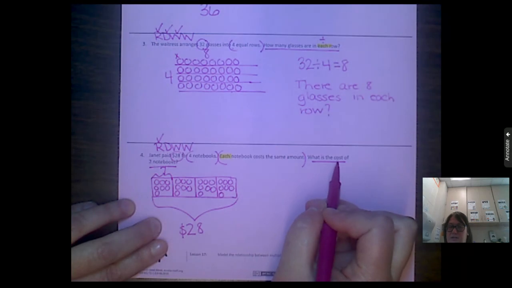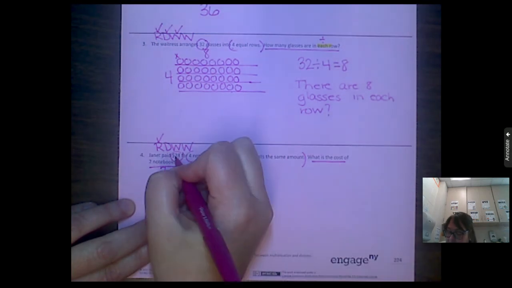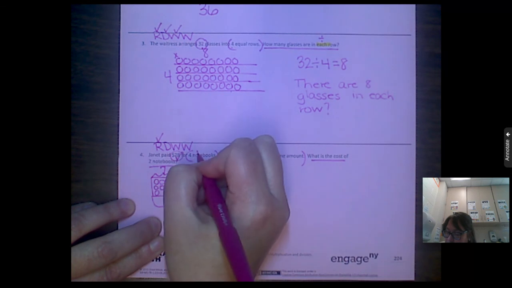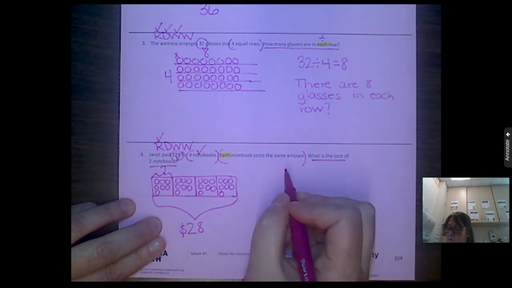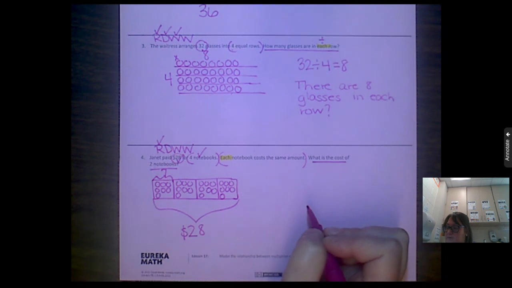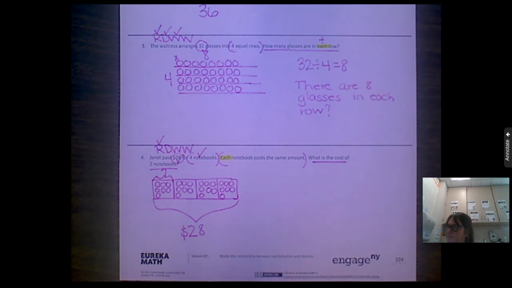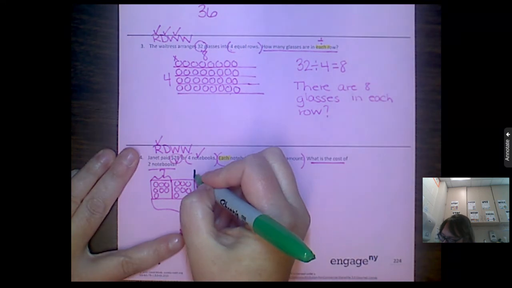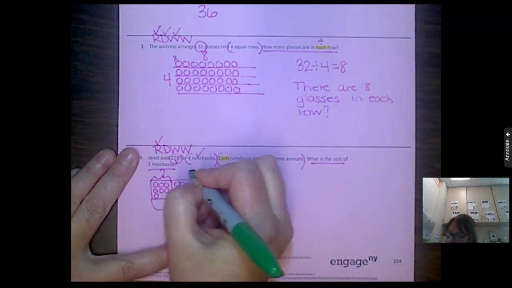Okay. Am I done? I have another part here. It says, what is the cost of 2 notebooks? So I used 28. I used the 4. Each notebook costs the same amount. Let me get a different color here so we can really see it good. What is the cost of 2 notebooks? Well, I'm going to kind of break this right here because here's my 2 notebooks.